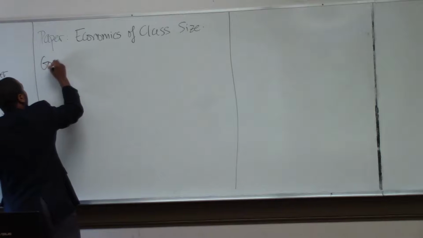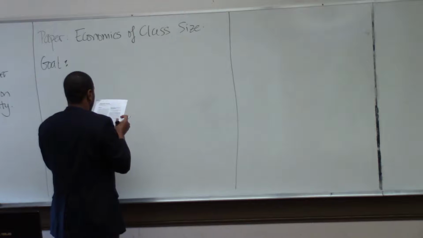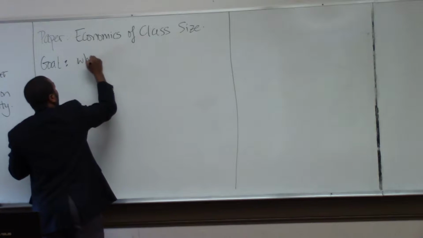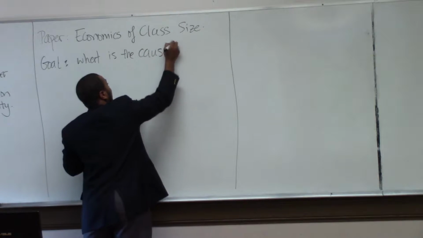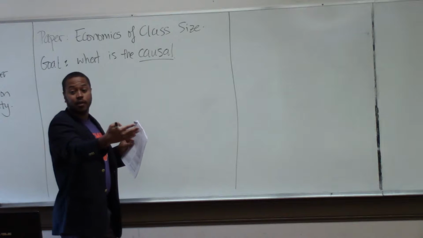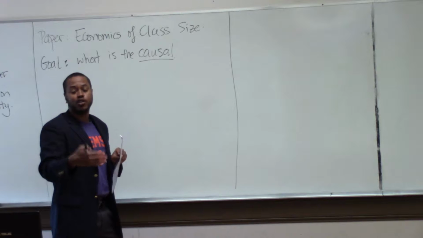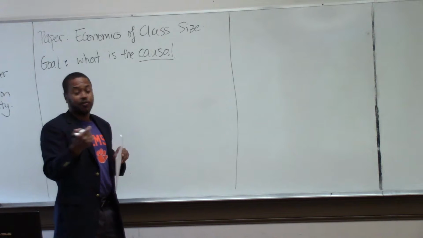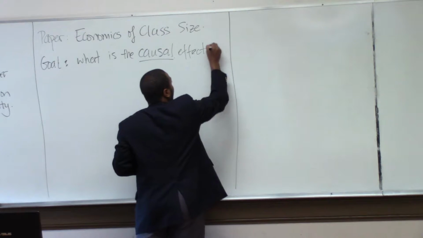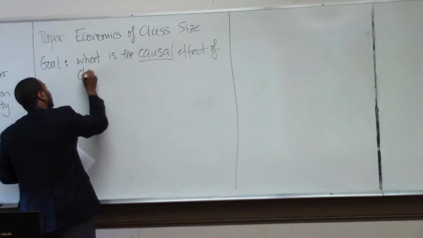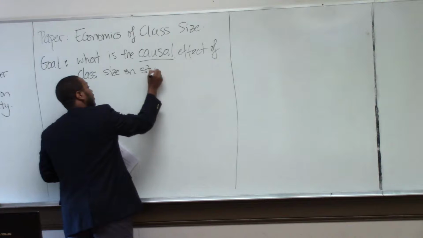The goal of this paper is to ask what is the causal effect, and by causal what we mean is X causes Y. So smaller class sizes cause better performance, not just are smaller class sizes correlated with better performance. So what is the causal effect of class size on student performance?